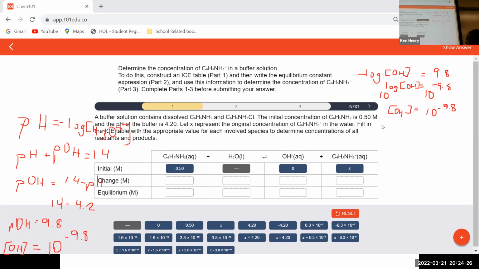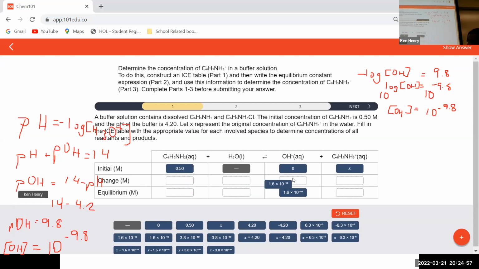Okay, so if you guys can give me the value, since I don't have my phone or a calculator. Oh, so 1.6 times 10 to the negative, okay. So that's going to be this value, right? So that's going to be how much OH we have at the end.